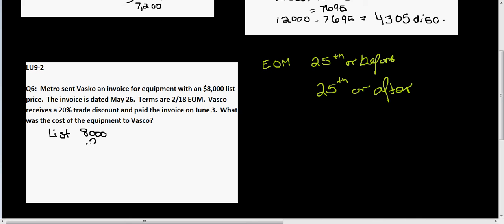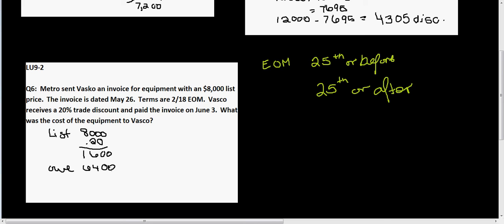Remember, 20% is 0.20, which means we're taking a discount of $1,600. If I subtract the $1,600 from the $8,000, it tells me what I owe is $6,400. That's what I actually owe.